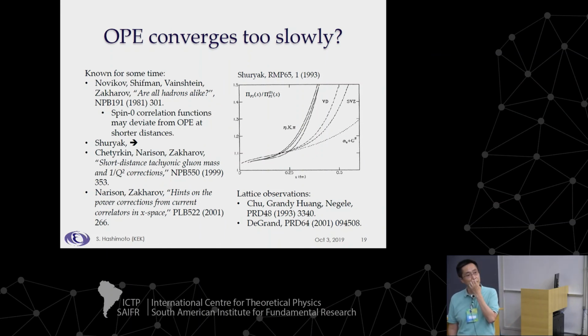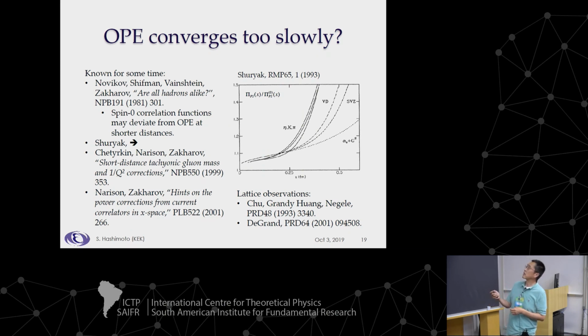This is not a new observation; it has been known for some time, starting from this famous paper in 1981 by those people. The spin zero correlation functions may deviate from the OPE at short distances. I do not really understand what is written in that paper, but that is somehow known for some time. And this is Shuryak's review paper that also suggests the same thing.